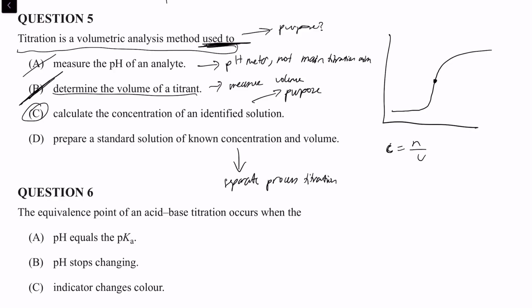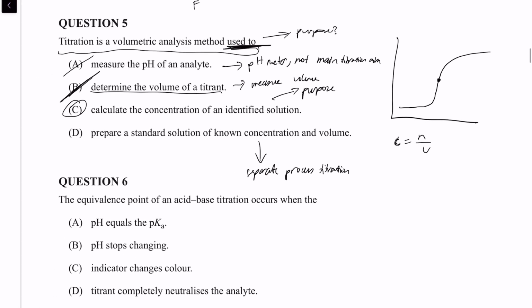You wouldn't say in your IA2 student experiment that titration is used to prepare a standard solution of known concentration and volume. It doesn't make sense in that form. It won't be D because it's something we do beforehand. You could mention that by preparing a standard solution of known concentration and volume, titration can occur. But question 5 is asking, what is this volumetric analysis method used to do? Okay, it is to calculate concentration of an identified solution.